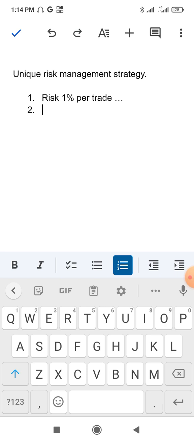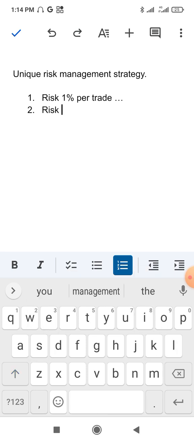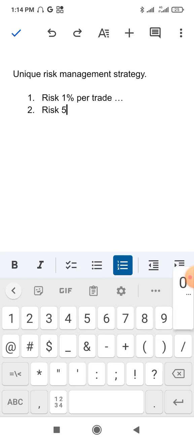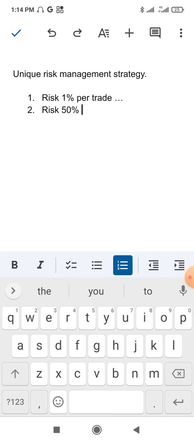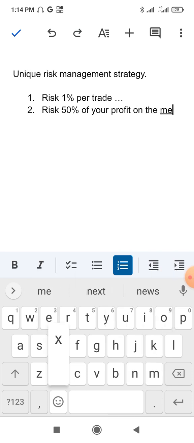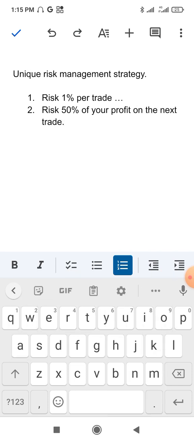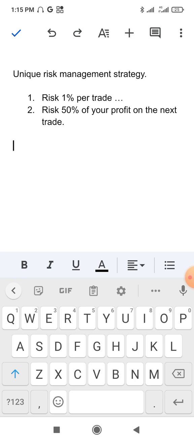And the second rule is, rule 1, rule 2: risk 50% of your profit on the next trade. So I'm going to explain so you can pretty much understand what I'm saying.